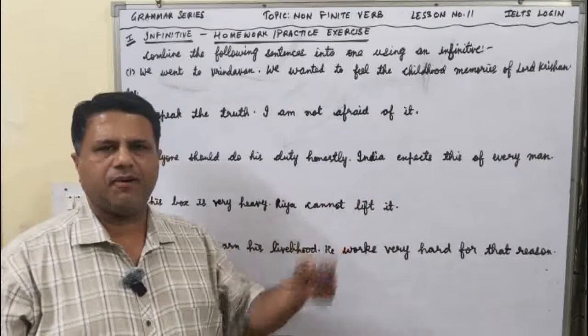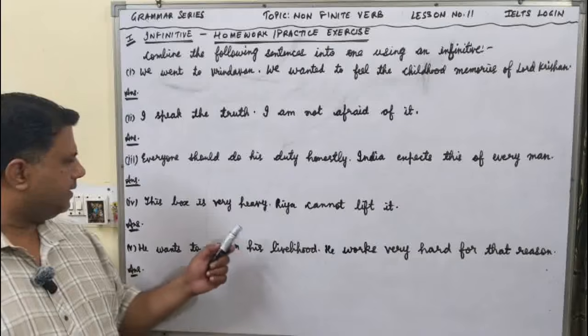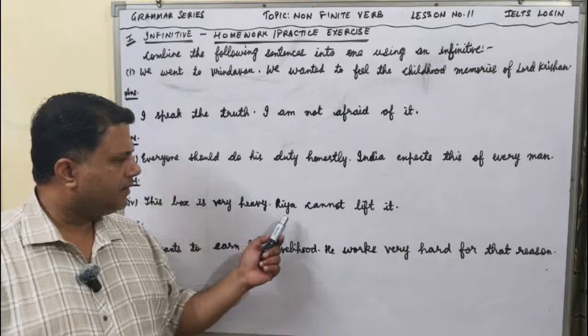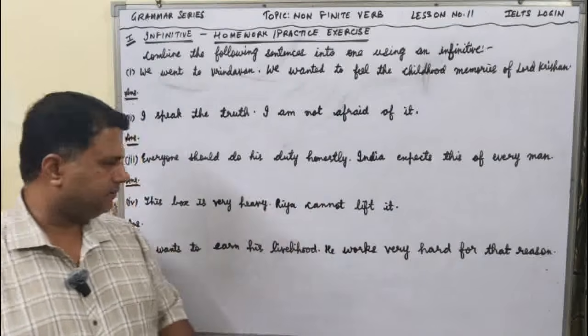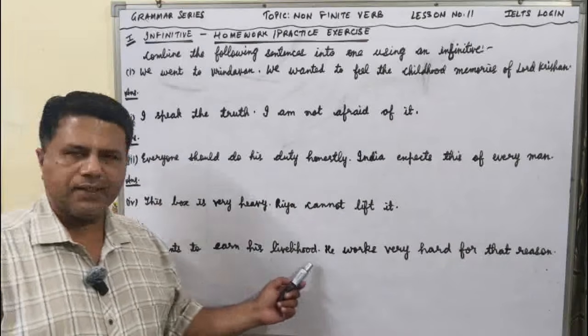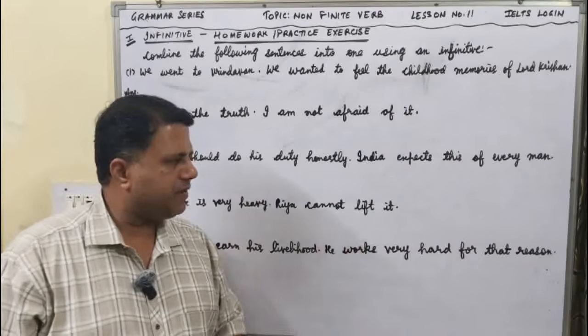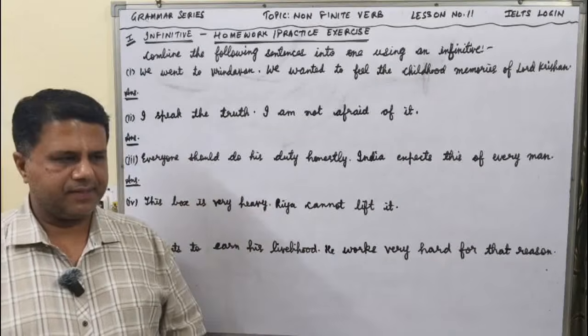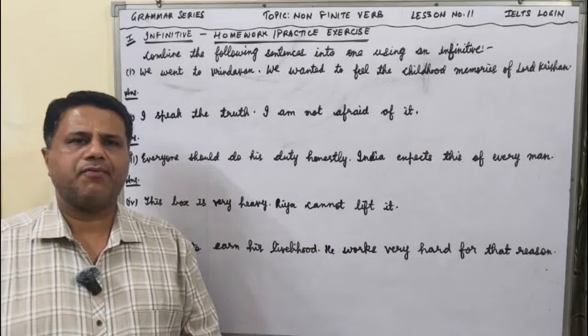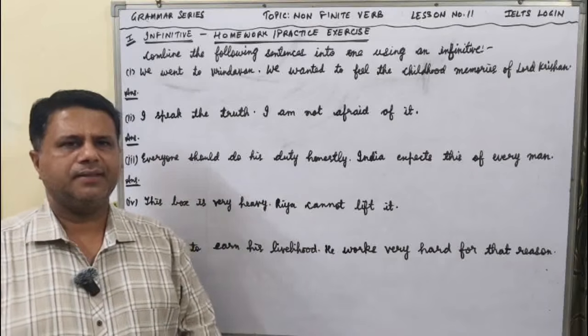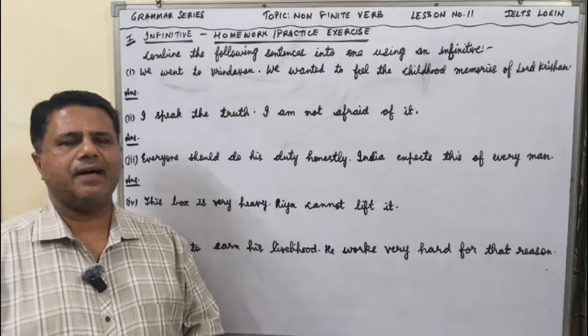India expects this of every man. Then: This box is very heavy. Ria cannot lift it. Then: He wants to earn his living. He works very hard for that reason. These five sentences are for practice. Do it, then come back for the correct answers.